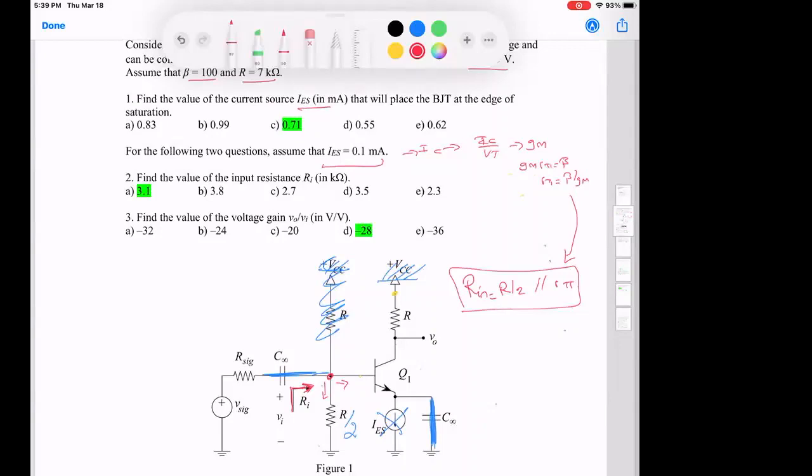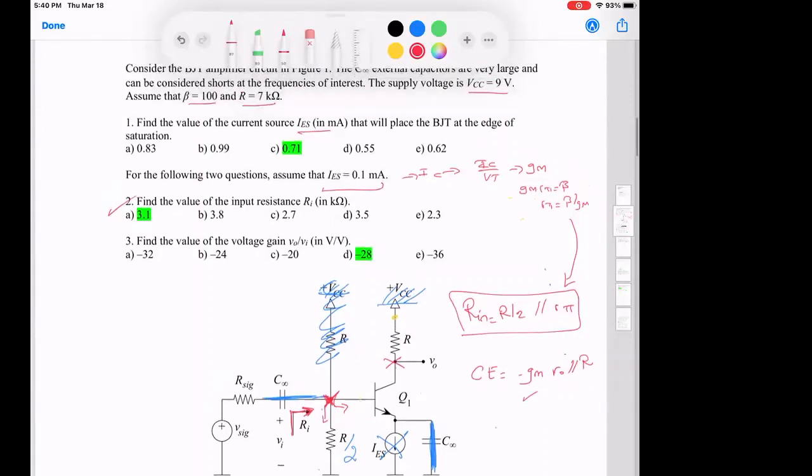Okay? Great. Find the value of the voltage gain, from Vin, meaning from this point to this point. So this is a simple common emitter. So it's going to be minus gm times ro parallel to R external, which is R in this case. gm I have.